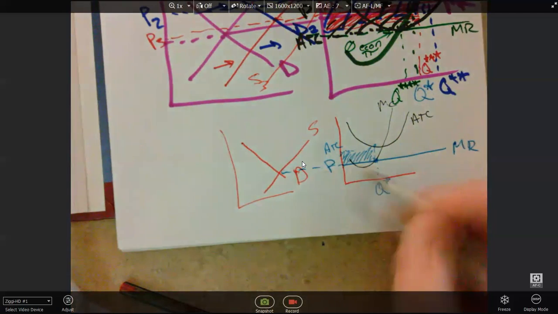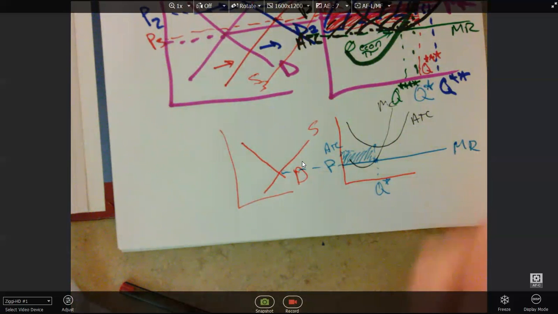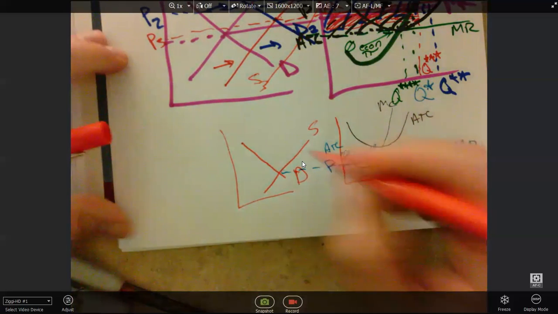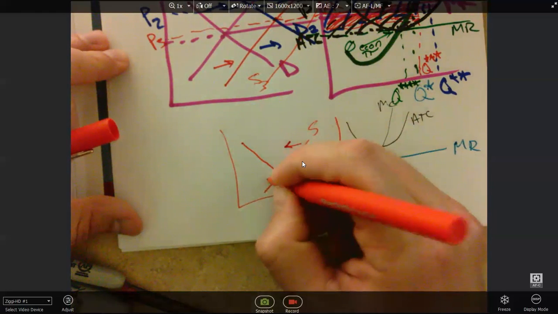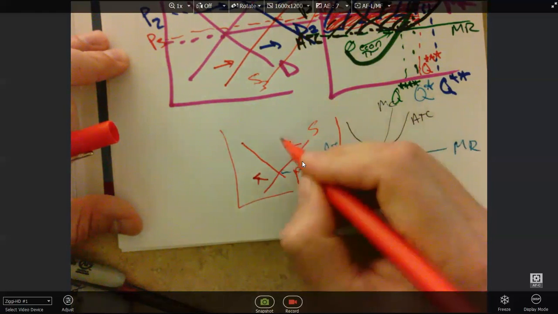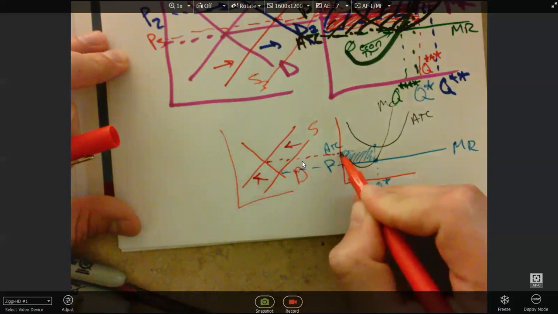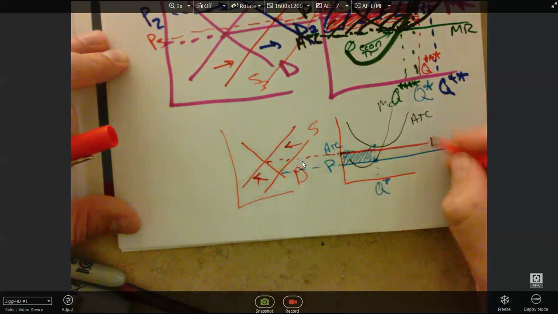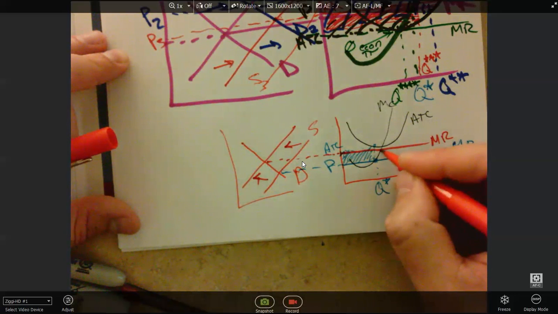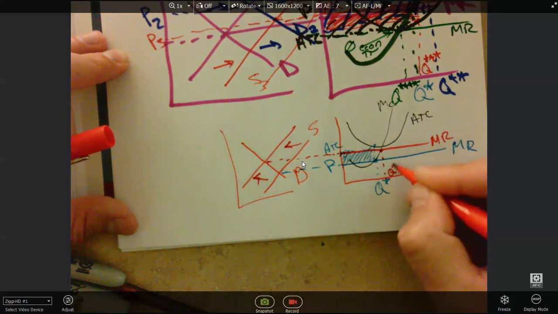Because there's a loss and there's free entry and exit, it doesn't cost them anything to switch out of making socks and go to making sweaters or hats or whatever the case may be. So there's going to be a shift rightwards in the supply curve. There'll be a first shift right here, but they're still making a loss at that Q double star.